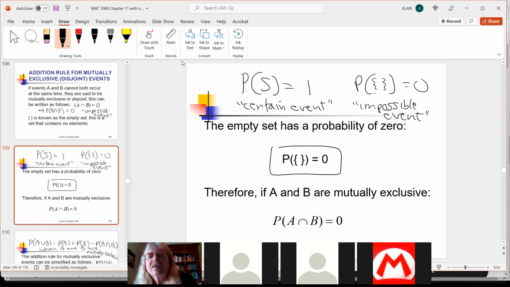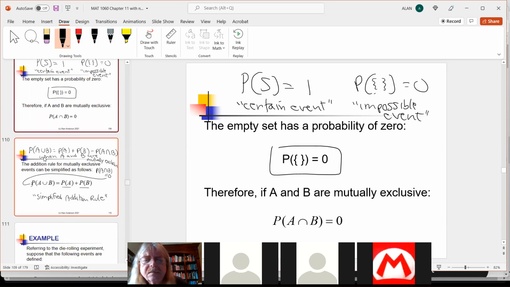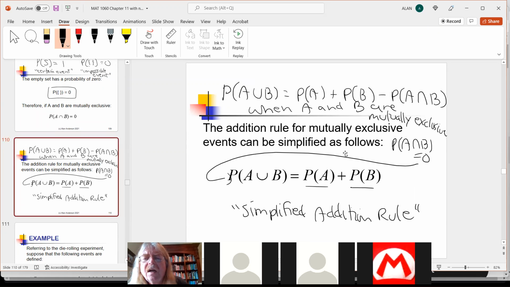So if A and B are mutually exclusive, their intersection is empty, and therefore its probability is 0. So when that happens, we can streamline the addition rule because there's no point in subtracting that intersection. The full rule is up here on top. But if A and B are mutually exclusive, the probability of that intersection is just 0.